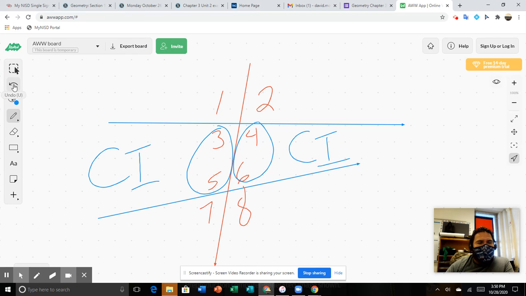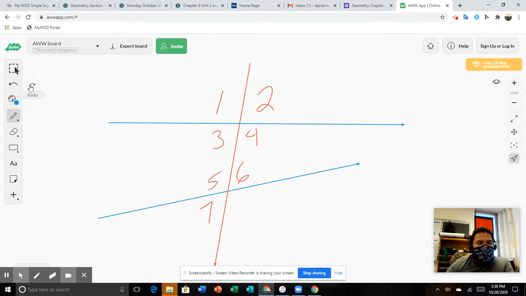Now that we talked about consecutive interior, let's talk about another position. What if one's inside and one's outside, but they're on the same side? What about angle 1 and angle 5? Those are on the same side, but one's on the outside and one's on the inside.